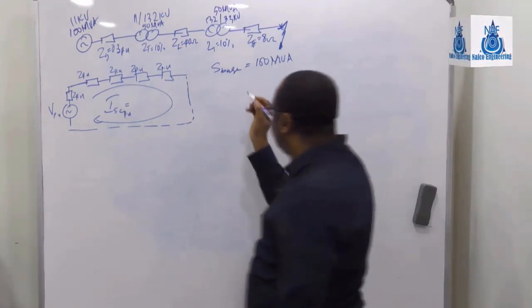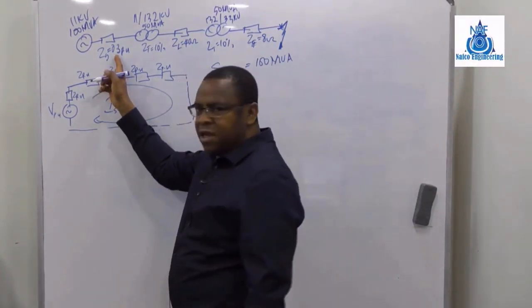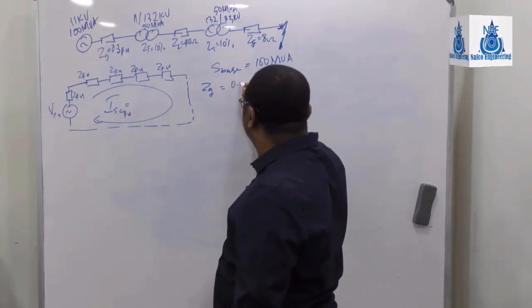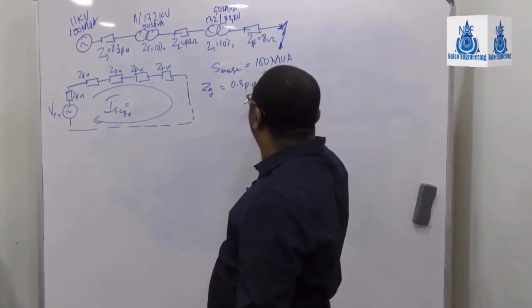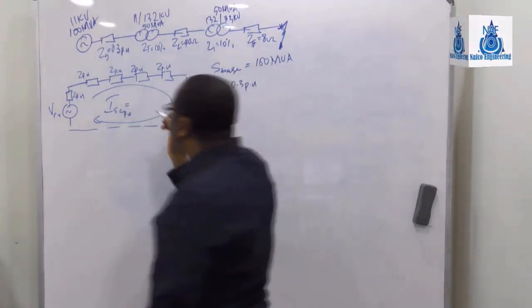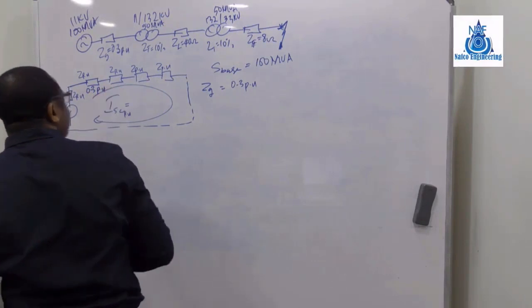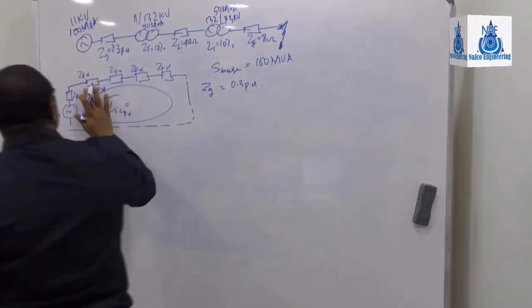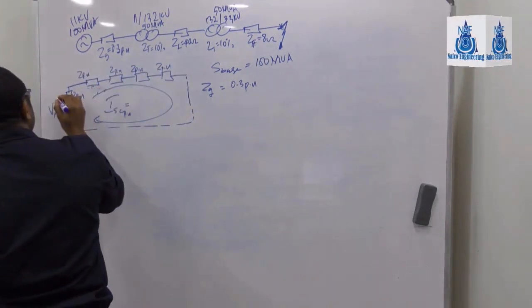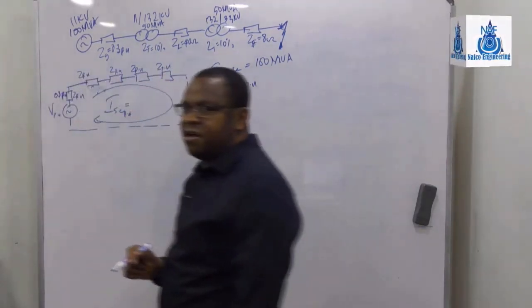If it is, it means that the Z of the generator, which is 0.3, will remain 0.3 in per unit, because now we are using the base of 100 MVA. So this will remain 0.3 in per unit for the generator.